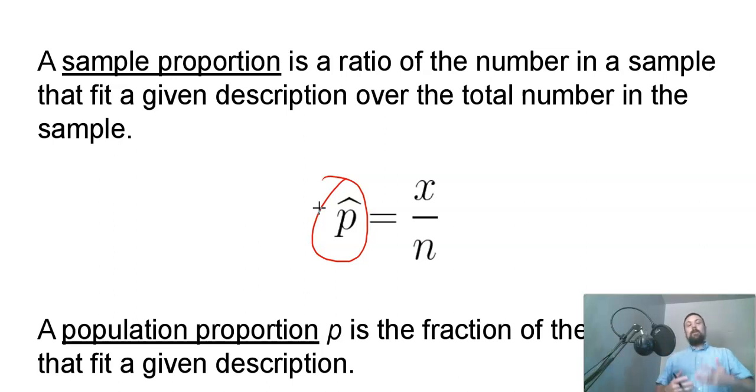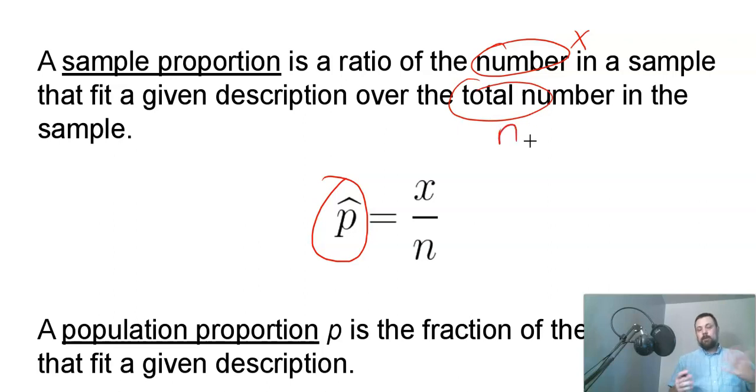P hat equals x over n, where x is the number in the sample that fits some description, and of course n is just the total number in the sample, right? It's your sample size. So it's a very simple calculation to calculate the proportion from your sample. Just count how many data values fit that given description, and then divide by the sample size. And now you have your sample proportion.